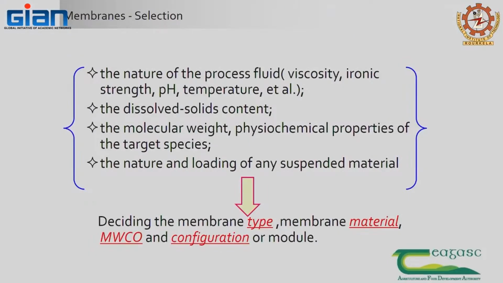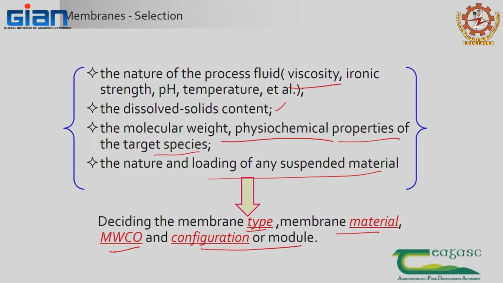So, what should be the basis of membrane selection? One, fluid. What are the properties of the fluid? That is pH, temperature, etc., dissolved solid content, and then molecular weight, physicochemical properties and targeted species, nature and loading of any suspended material, and deciding membrane type, membrane material, molecular weight cutoff, and configuration or module.